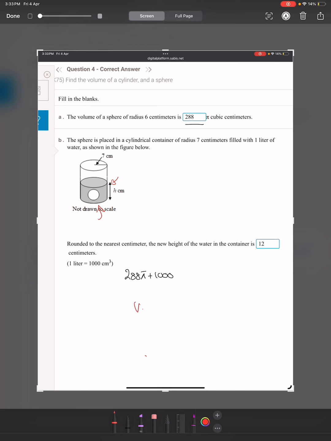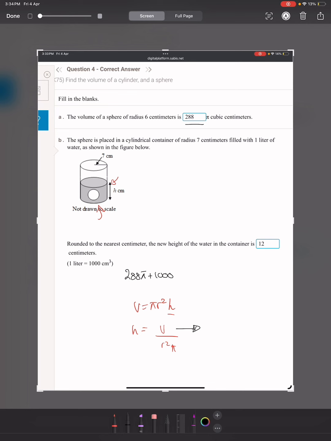The volume of a cylinder is pi r squared multiplied by the height. We're trying to find the new height, right? We're solving for h, so we're going to rearrange this equation. h equals volume over r squared multiplied by pi.